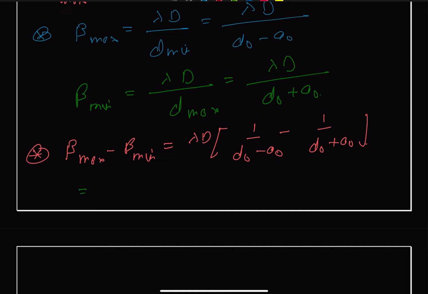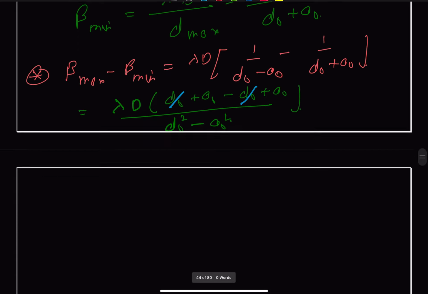We take as LCM. LCM will be coming as D naught square minus a naught square, and this is our lambda D, and in the numerator we are going to get this as D naught plus a naught minus D naught plus a naught, and here this D naught and D naught cancels out.